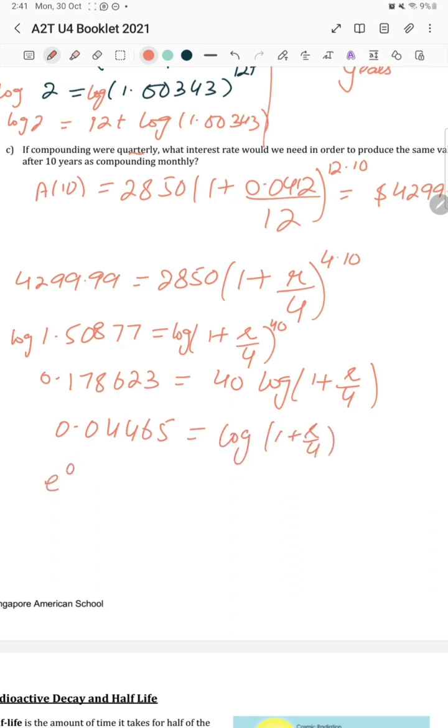Now writing it in the power of e, it cancels log.